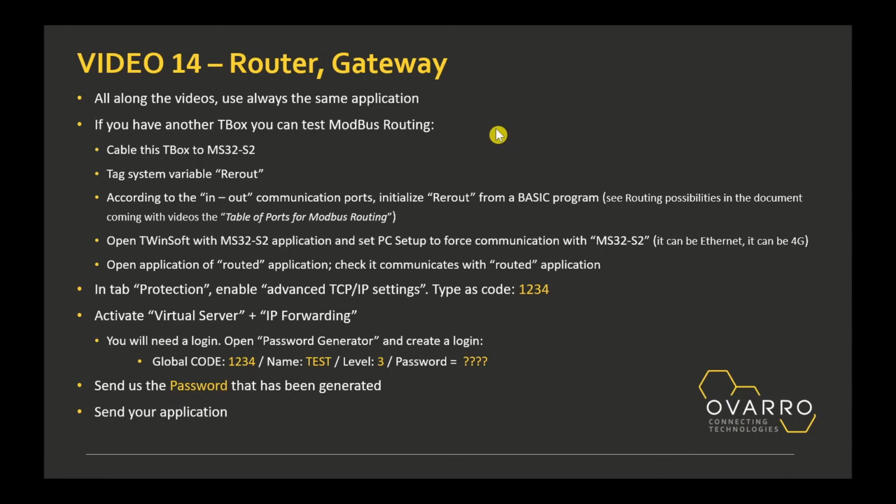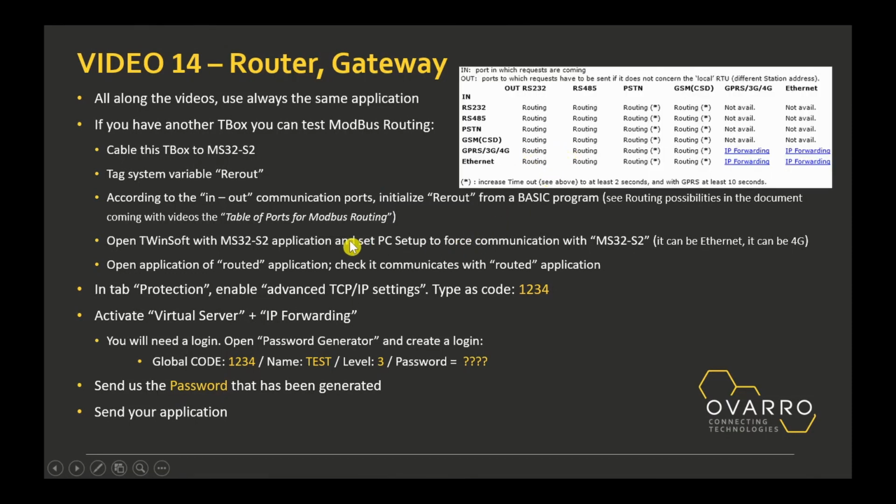For this video, if you have another TBox, you can test the Modbus routing. So you cable this second TBox to MS32S2. The easiest is to use RS485 cabling. You tag the system variable reroute and you initialize it according to the in-out port that you use. By the way, in the document coming with the videos, you have a table with all the ports and the availability of routing.